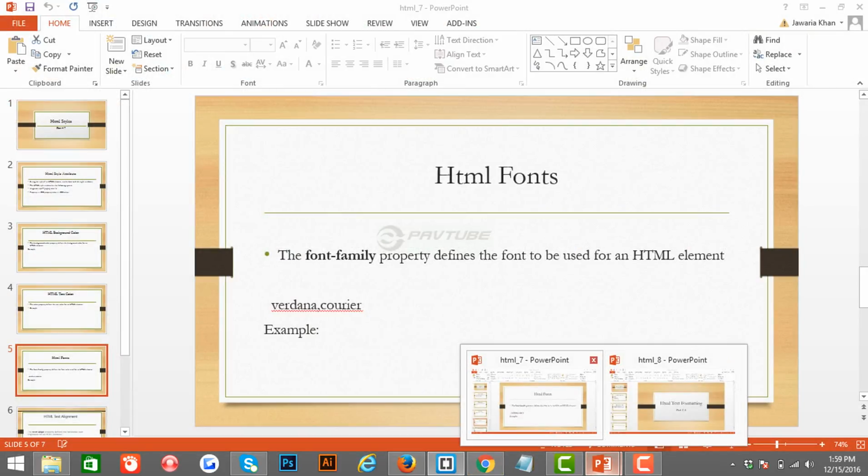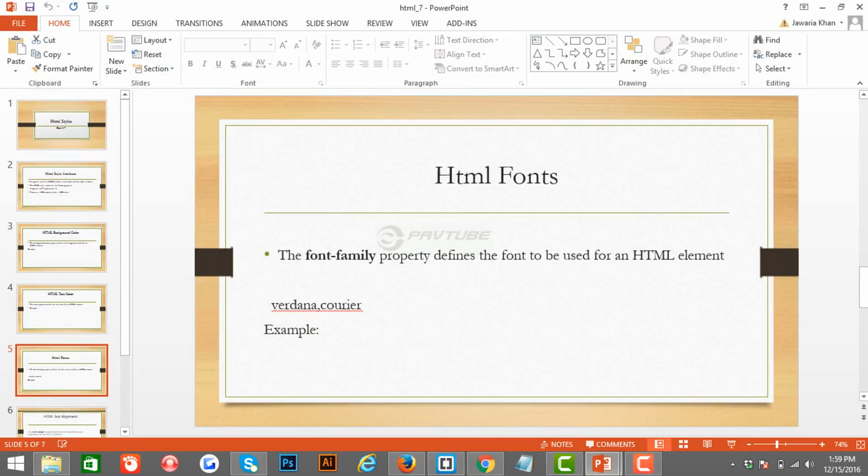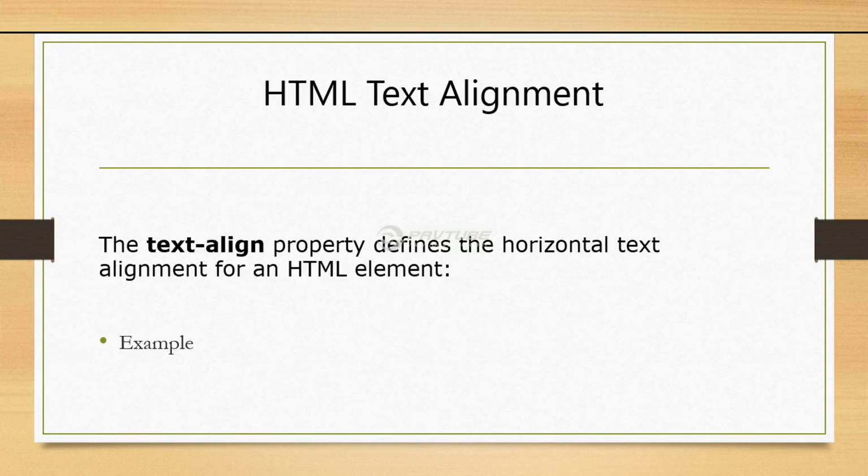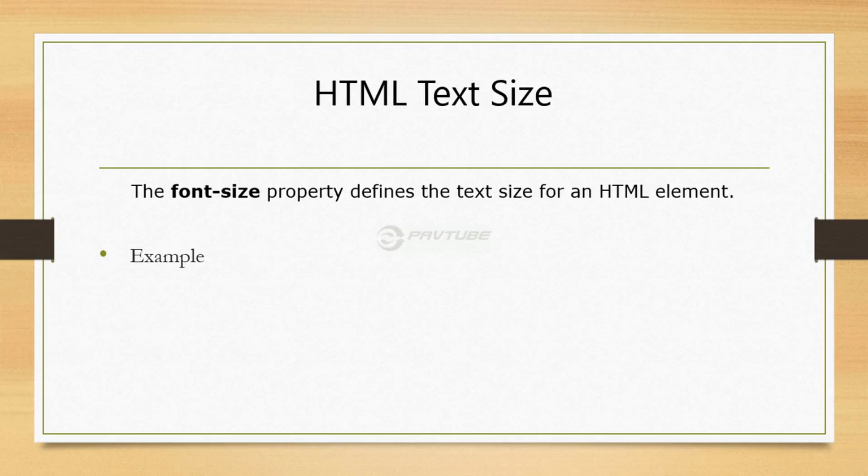Now we will see another property. HTML text alignment. HTML text alignment defines the horizontal text alignment for an HTML element. You can set the element horizontally anywhere by using this property text align.